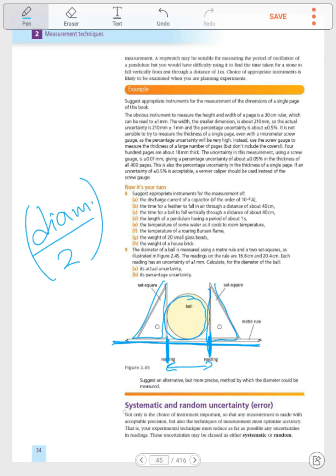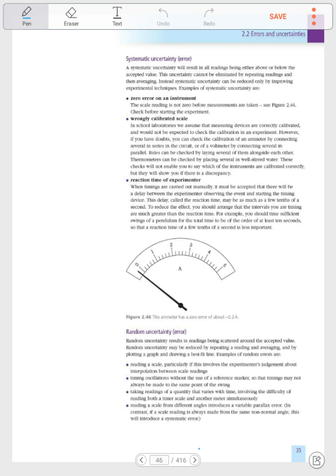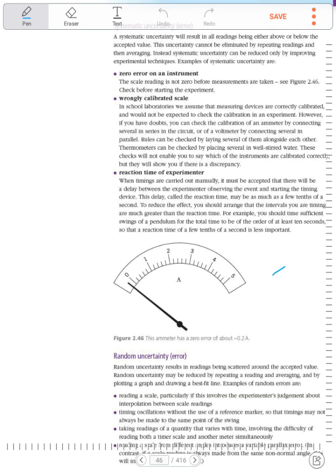Now, we have another difference, between systematic and random uncertainty or error. What is the difference between systematic and random errors? Systematic uncertainty will result in all readings being either above or below the accepted value.